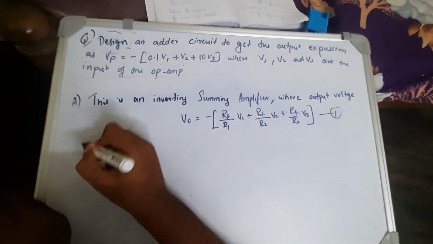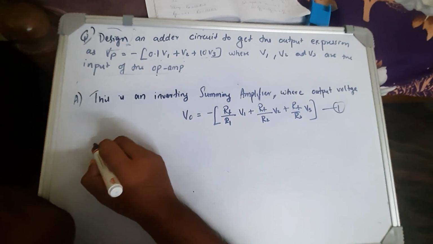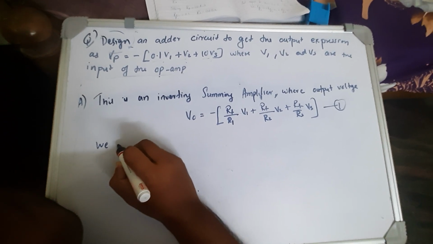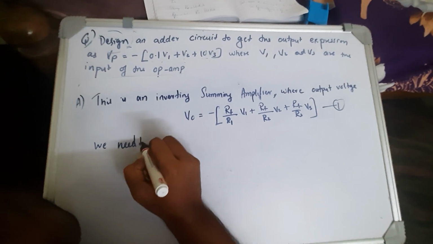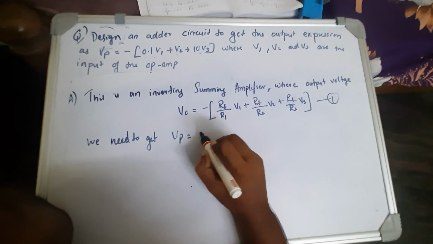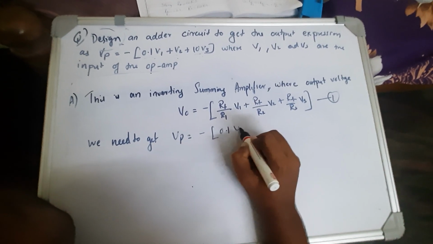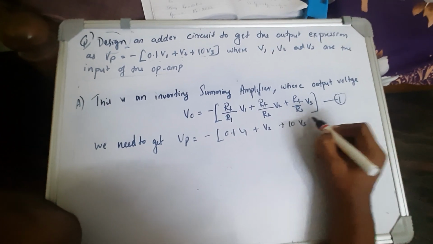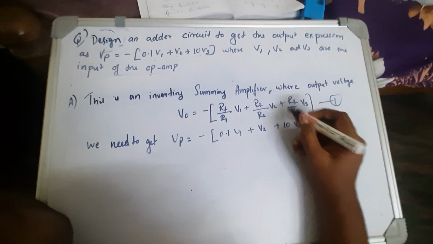What we have to get from the question, we need to get Vo equal to minus of 0.1 V1 plus V2 plus 10 V3. This is what we want to get.